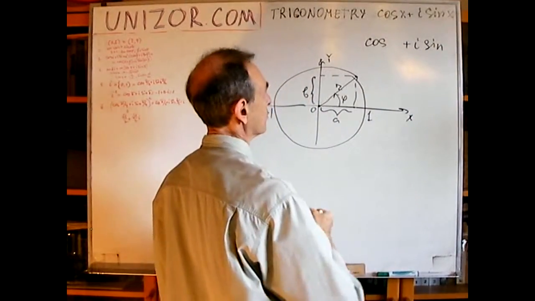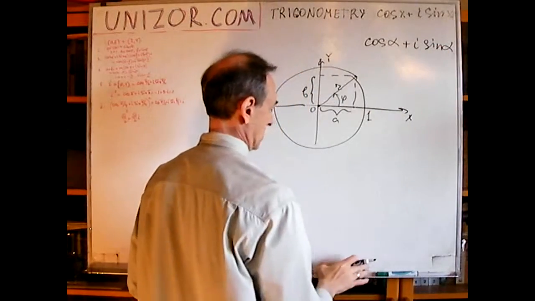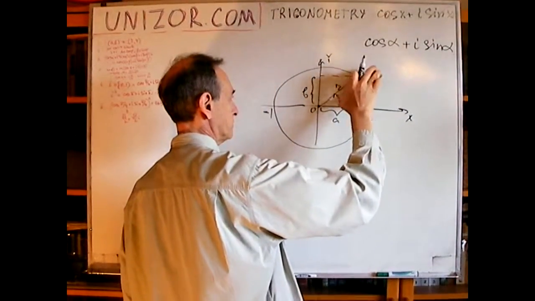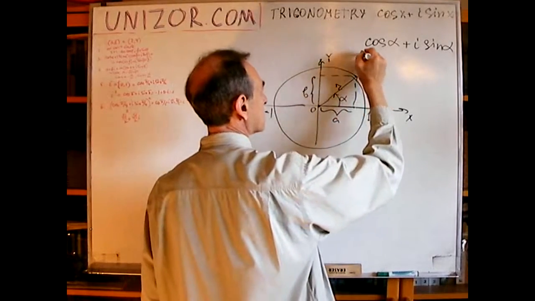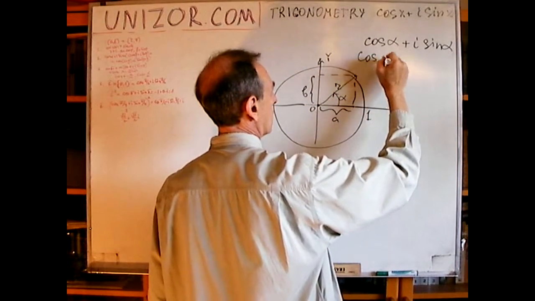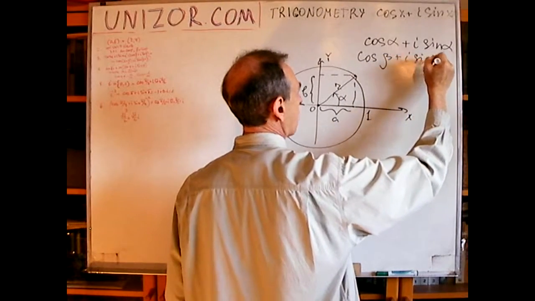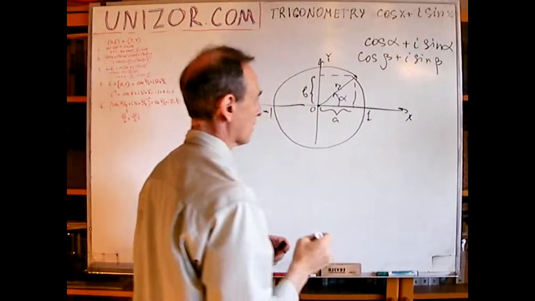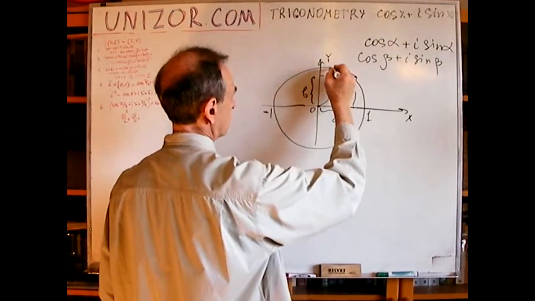It would be easier for me. So this is angle alpha. Now let's consider we have two different complex numbers. Both are on the unit circle. So this is alpha and this is beta.